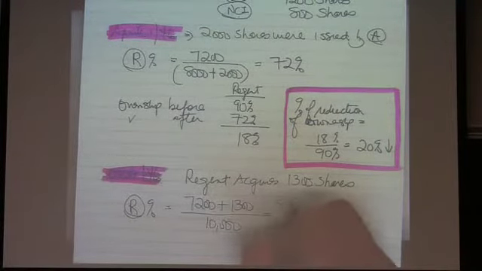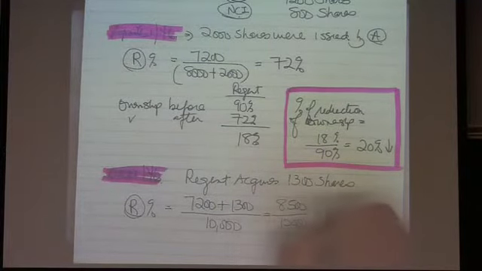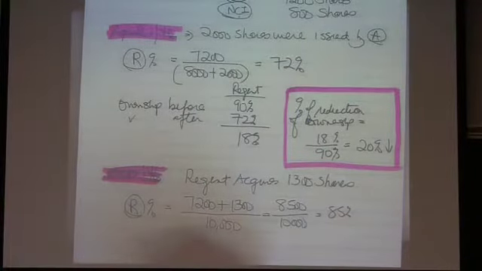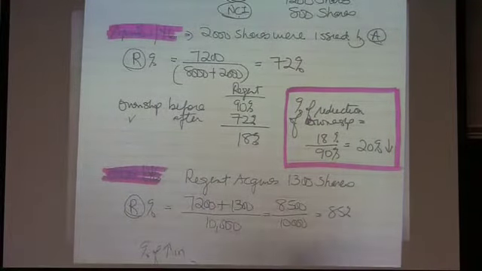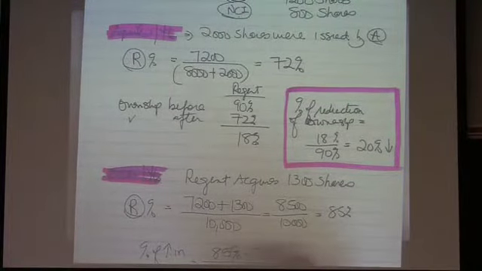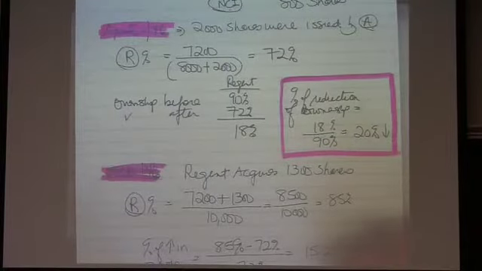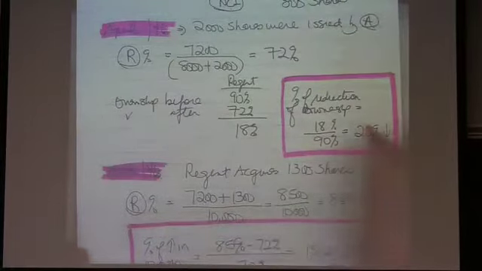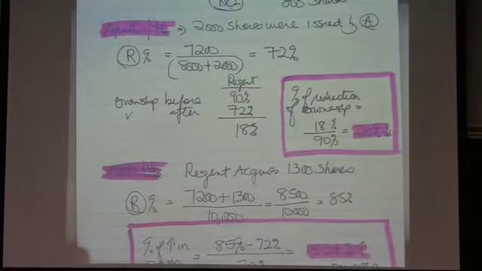That gives us 8,500 divided by 10,000, or 85%. So again, the percentage of increase in ownership is 85 minus 72%, that was before, divided by 72%, which gives me a 15.29% increase in ownership. And that's going to be very important for us to note. So this is a 20% decrease, a 15% increase.